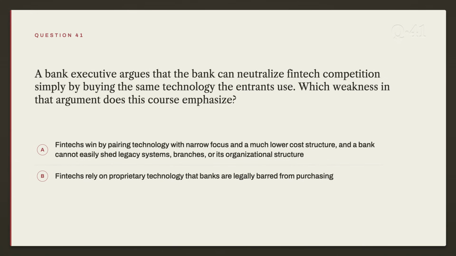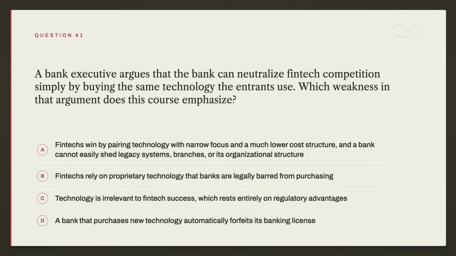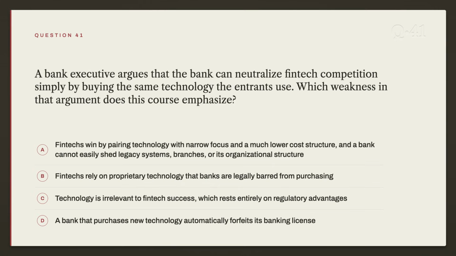B. Fintechs rely on proprietary technology that banks are legally barred from purchasing. C. Technology is irrelevant to fintech success, which rests entirely on regulatory advantages. D. A bank that purchases new technology automatically forfeits its banking license. Which one is it? Pause the video if you need more time.